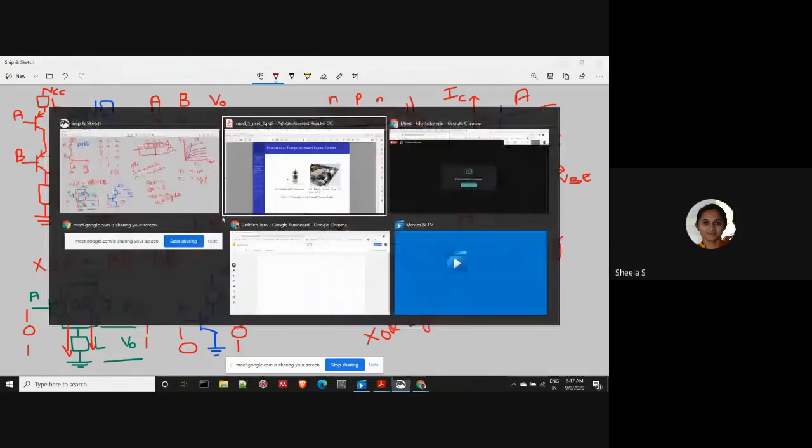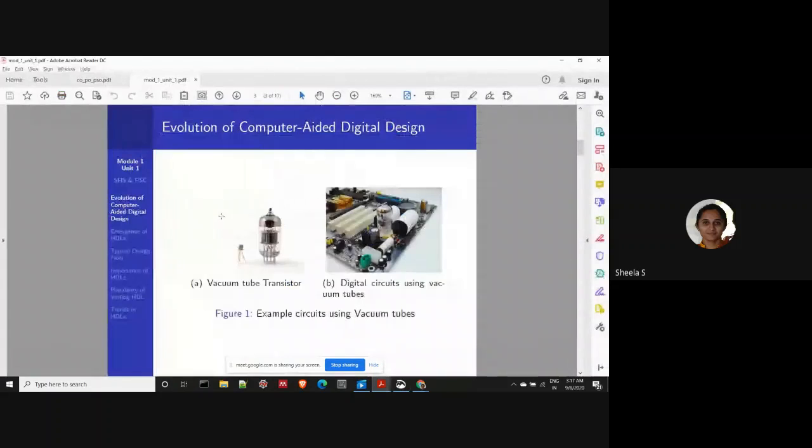Now let us analyze. If I consider a 4-bit parallel adder, how many transistors? You can imagine the complexity of the circuit. When you are doing the circuit on the breadboard, this you might have experienced in the digital lab as well as the analog lab.